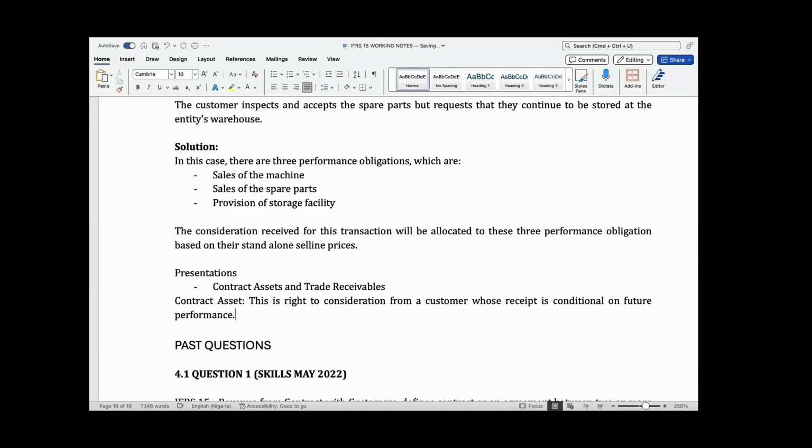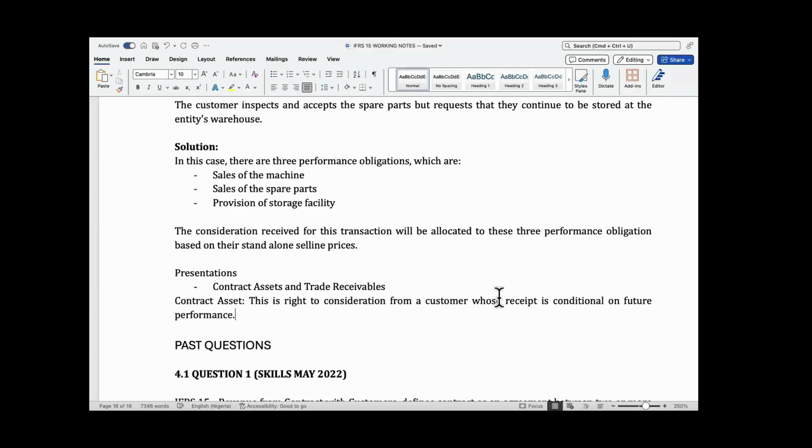So a contract asset will be recognized where you have a right to consideration from a customer and the receipt of that money is still conditional on future performance.